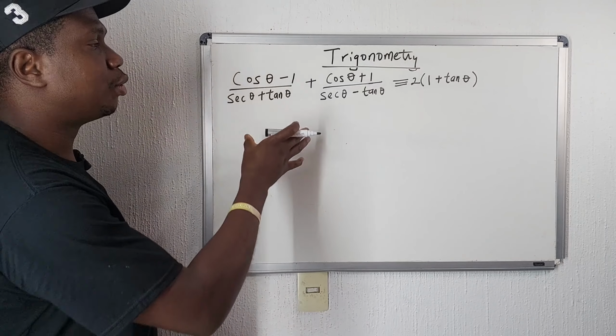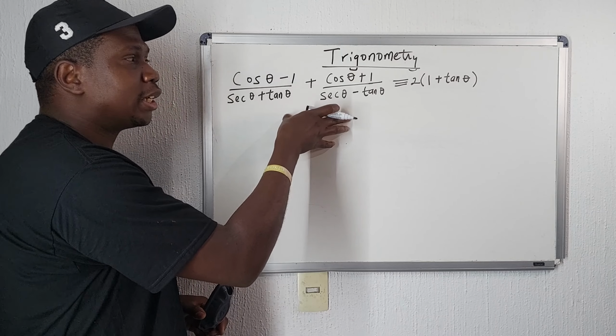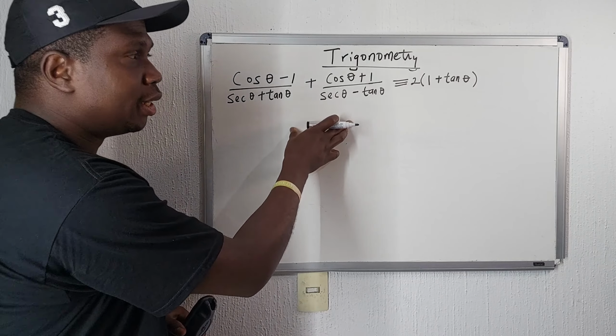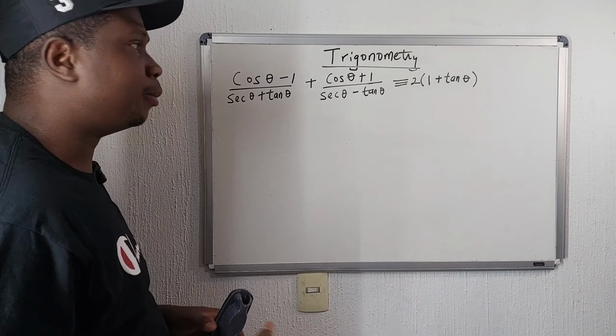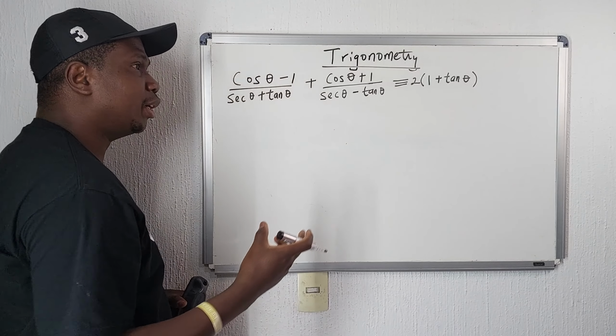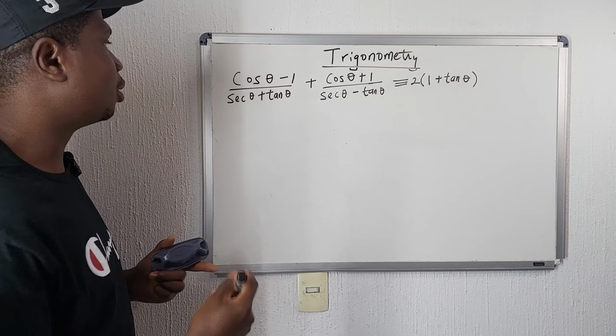So all we have to do is try to simplify the expression on the left hand side to see if we can get the one on the right hand side. It's an identity, and we're going to use some of the identities we've established in our previous videos.